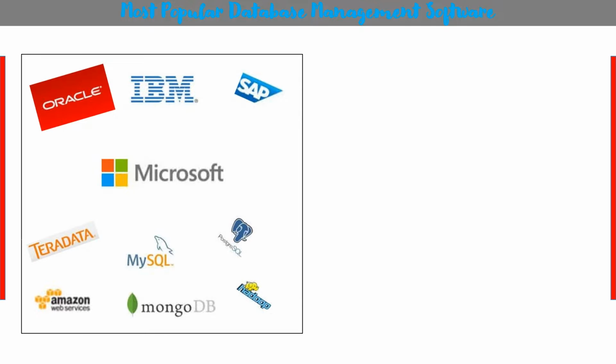Next, the most popular database management systems. We have many: Oracle, IBM DB2, SAP HANA, Microsoft SQL Server, Teradata, MySQL, PostgreSQL, Amazon Aurora, MongoDB, and Hadoop when you go for big data. All these are database management systems, right? So why do I need to learn Microsoft SQL?